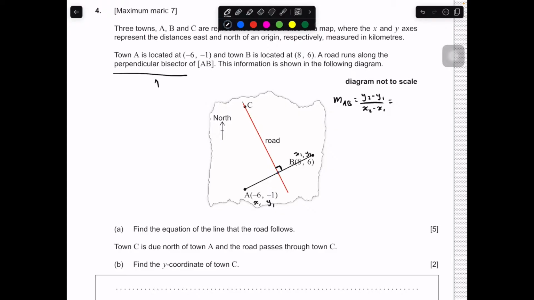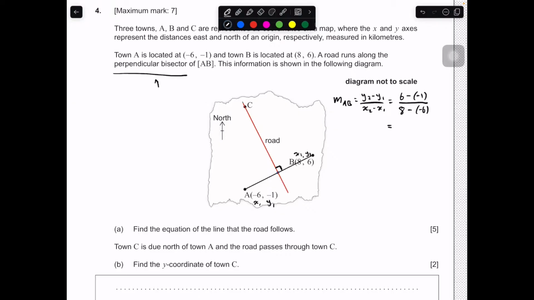Okay, so y2 minus y1 is going to be 6 minus 1, over x2 minus x1. I think that's good. 6 minus 1, 8 minus 6.